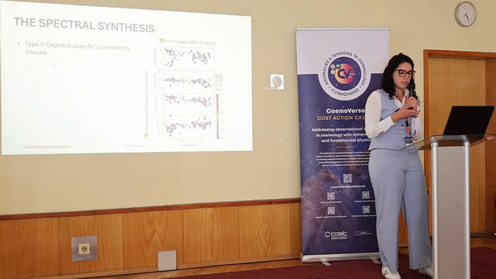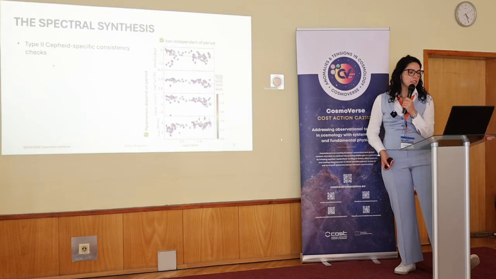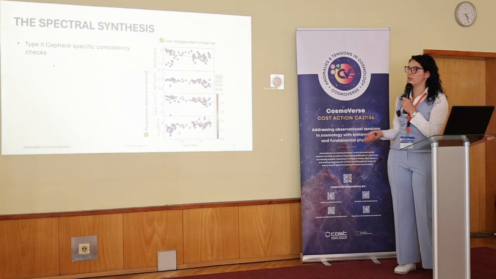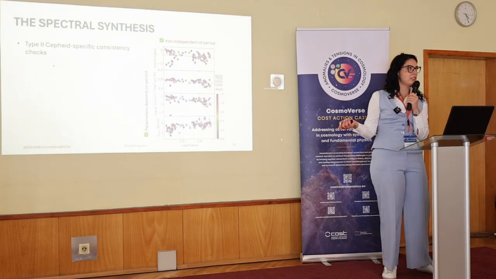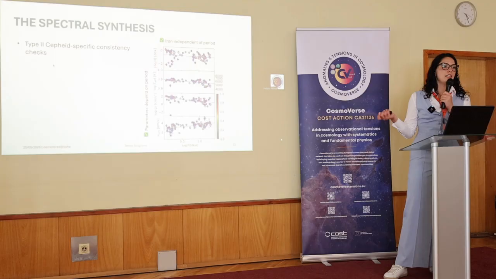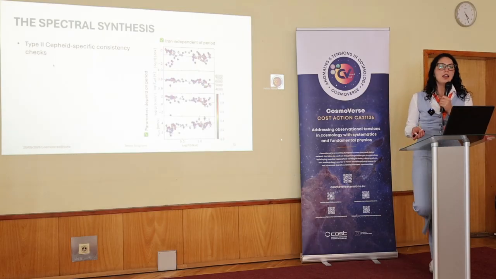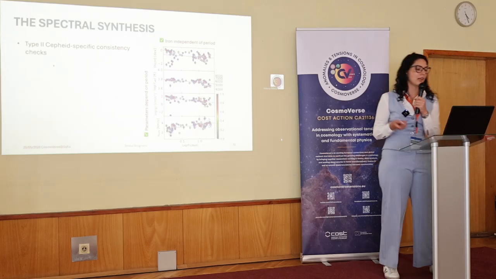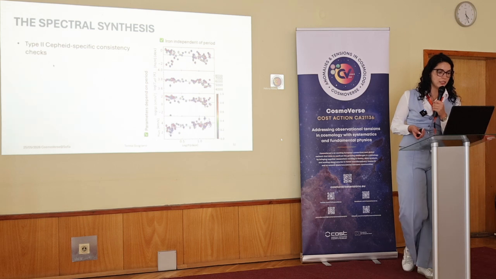Also, this spectral synthesis was the analysis that I've done in the last few months with some spectra of type 2 Cepheids. And I think this is the first time that we have a sample of 18 type 2 Cepheids in the Milky Way, and that we can have a period luminosity metallicity relation for type 2 Cepheids.